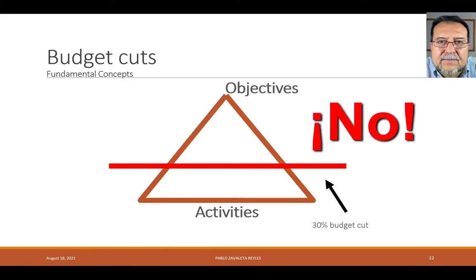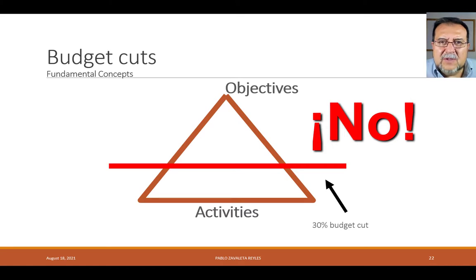No. The answer is no. Why? If you were paying attention to the results tree, you know that actually you cannot cut all these activities and expect to achieve the same results. That's impossible.